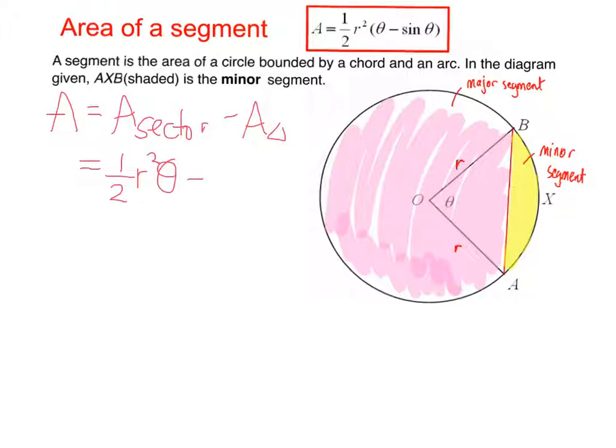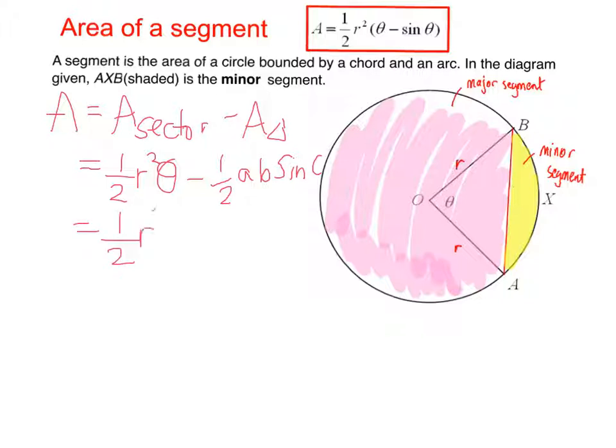Now the area of the triangle, you can find the area of any triangle using half ab sine C. In this particular triangle, what is a and b? They are the lengths of these two sides, which happen to be our radius. So instead of ab, you can have r times r, which is r squared.